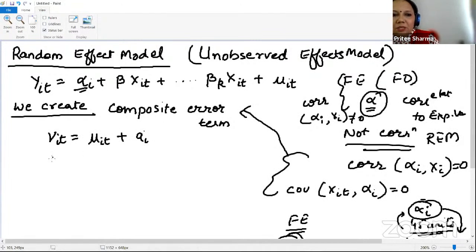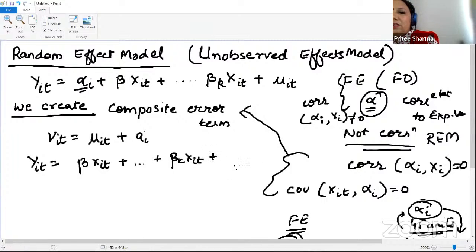Hence, our model can be rewritten as yit is equal to, sorry, xit plus, yeah, here we will have the composite term. Now, why do you think we are able to use a composite term here, and why not in a fixed effect model?